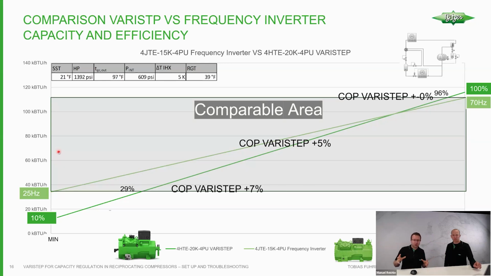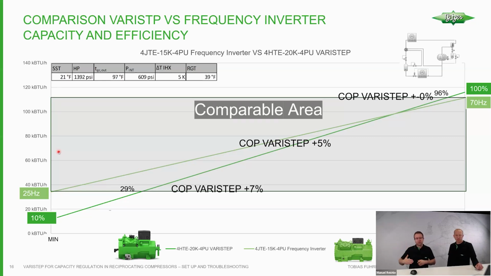So if we focus now on the range where I can compare these two compressors, the comparable range is between 29% and 69%. At 29%, because the compressor also loses some efficiency if we run it with lower speed in CO2, in this operating condition, the COP of the VARISTEP is around 7% in favor. So it's better in COP versus the frequency inverter combination.